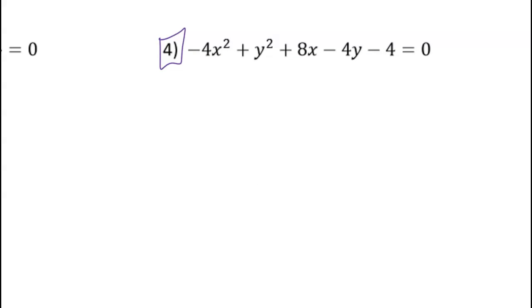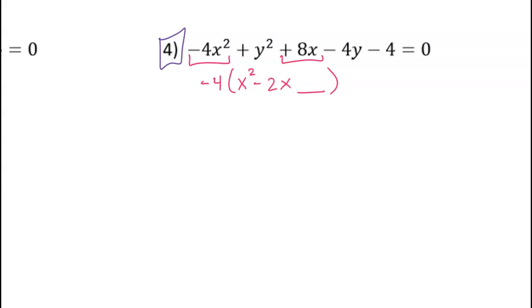So I see here that my x squared has a negative 4 on it, meaning I am going to pull the negative 4 out of my x squared. I'm also going to pull it out of my other x term, which is a positive 8x. So positive 8x divided by negative 4 is a negative 2x. And I'm going to leave a space to complete my square.